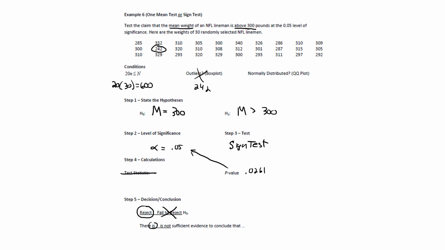And that means that there is sufficient evidence to conclude that H1 is true, or that the median weight for all linemen is above 300 pounds. Notice that I changed mean to median because we're performing the sign test, and the alternative hypothesis is in terms of the population median, M.